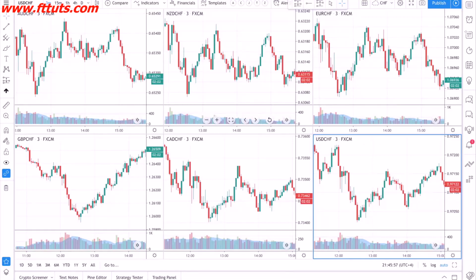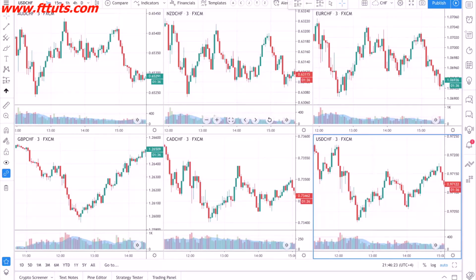Now Swiss franc is fundamentally strong as well, so I want to be selling Swiss franc. Now I cannot sell pound Swiss franc because pound was getting stronger, and I was seeing it across their correlation group as well. And you will see the subtle differences that pound has versus everybody else.